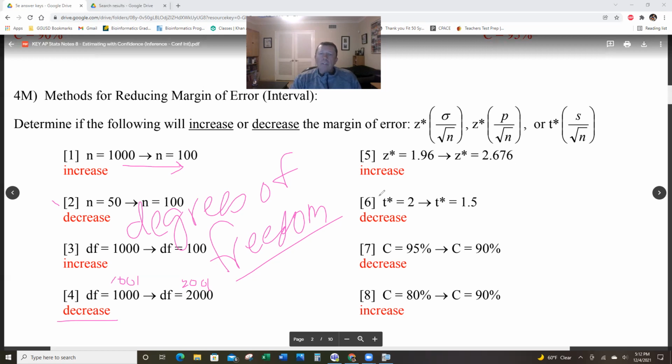Okay. Here's T star. T star is for a mean. If you go from 2 standard deviations away to 1.5 for your estimate, you're obviously going to decrease the interval. Okay.